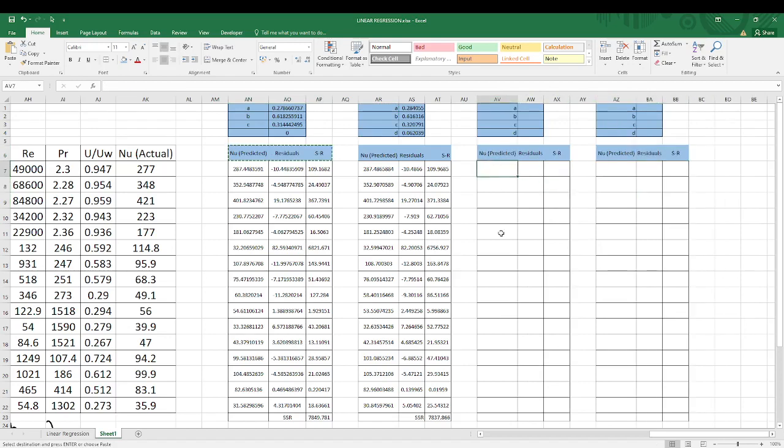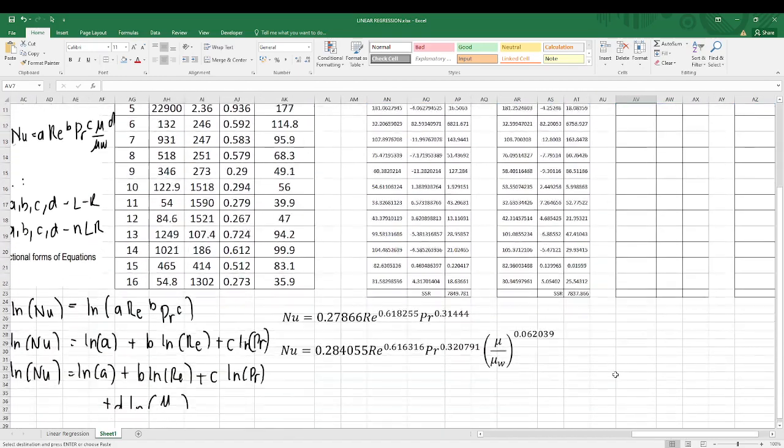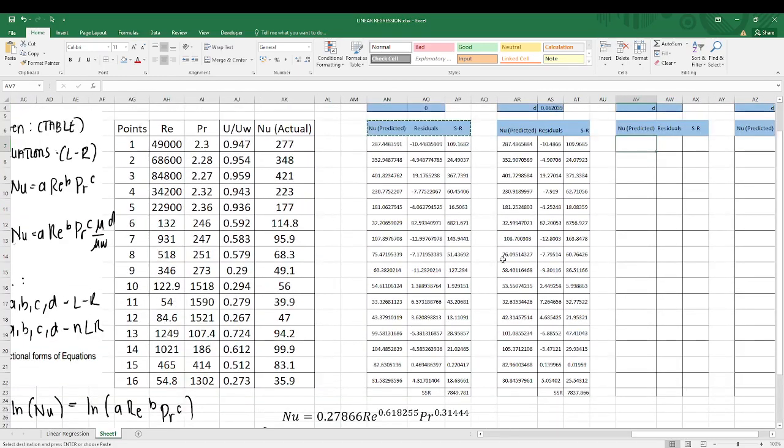Okay. So the first equation for the nonlinear one, we need the ln of Nu here.